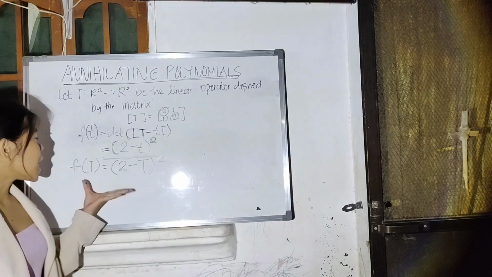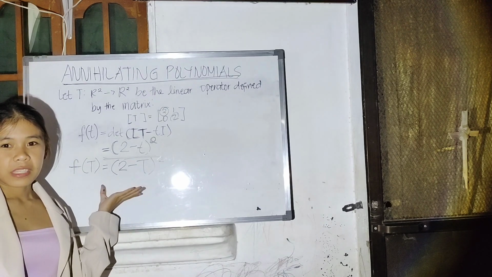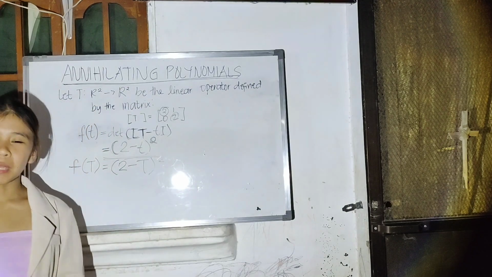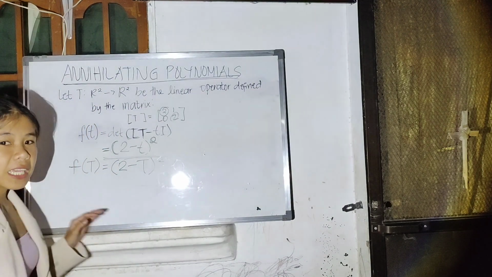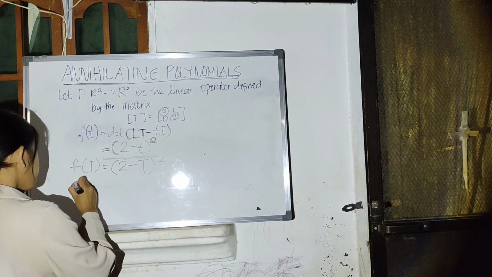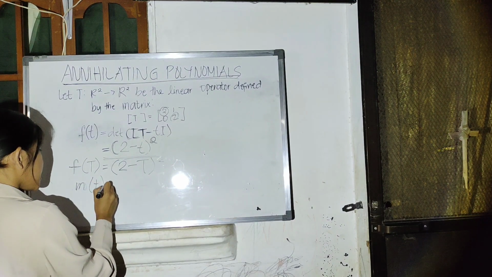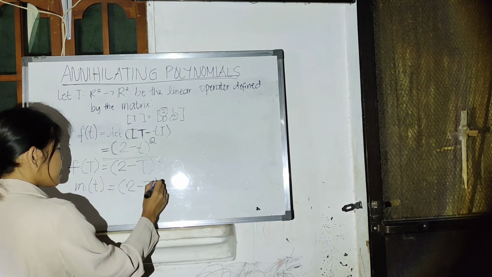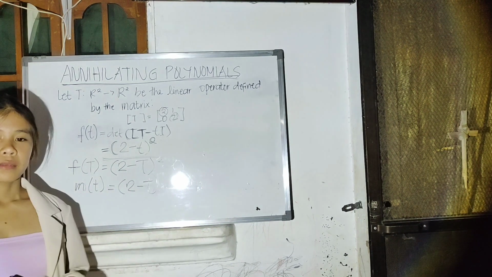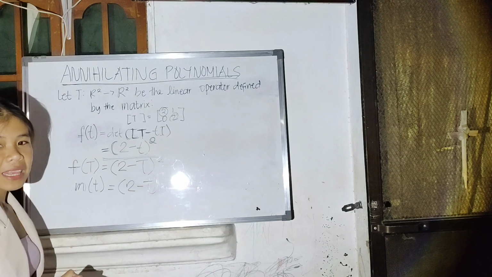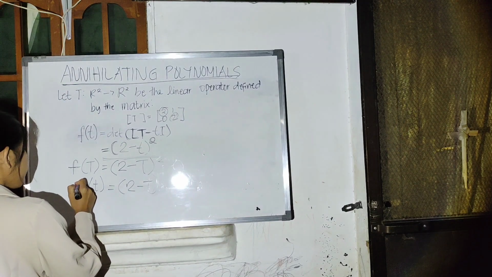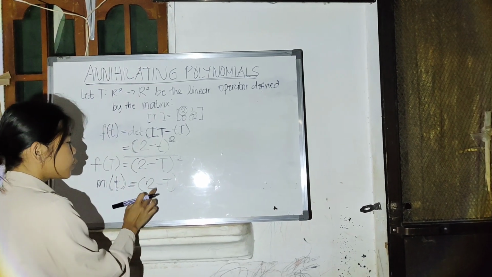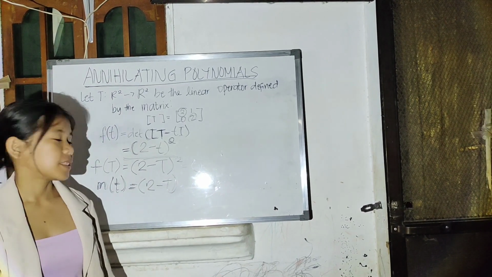May kulang dito. Ano yung kulang dito? It is equal to 0. So the minimal polynomial m of t is equal to 2 minus t.